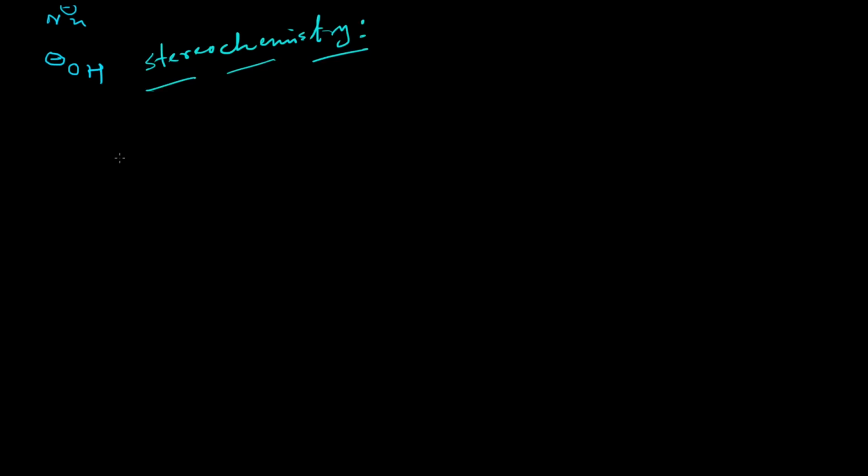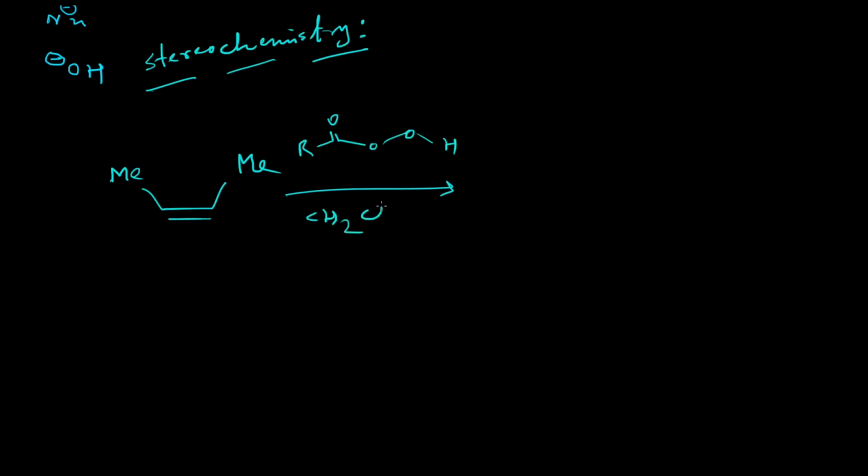During this particular reaction, that is epoxidation using peracids, the stereochemistry remains intact. That is, if there is a cis relationship between these two methyl groups or any substituents in the alkene, this cis relationship is also maintained in the product epoxide.